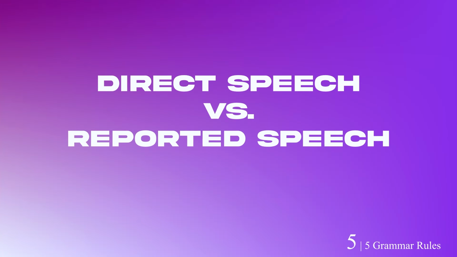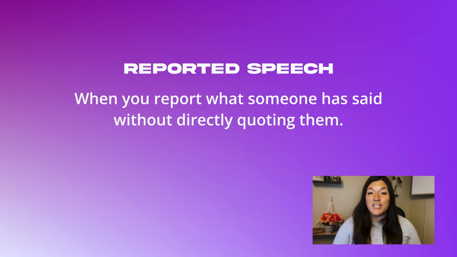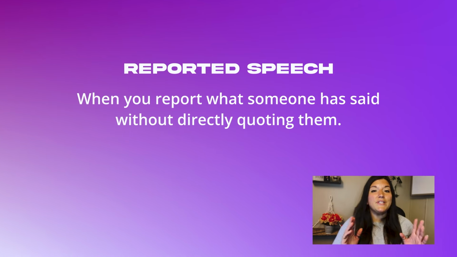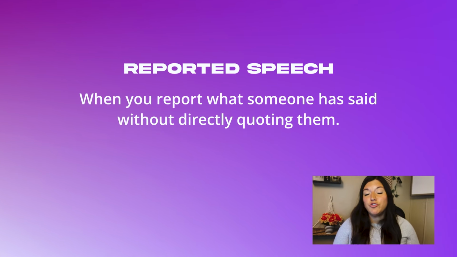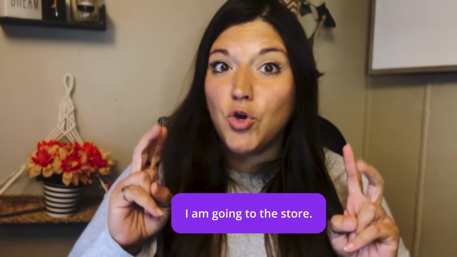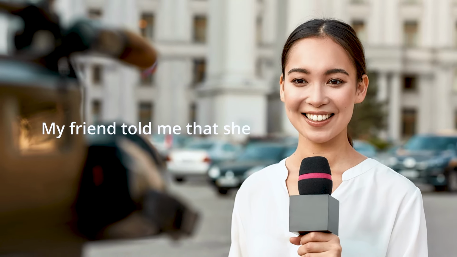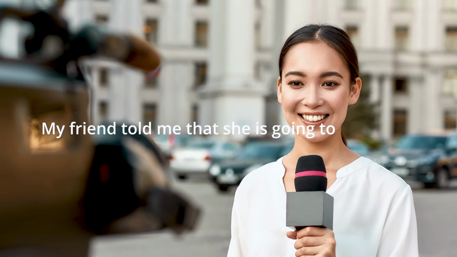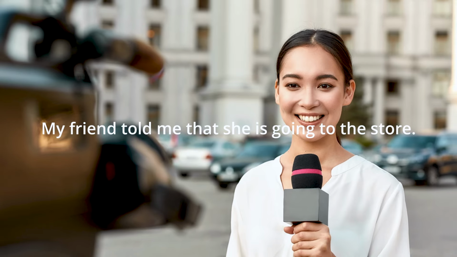This brings me to the 5th and final tip of the day, direct speech versus reported speech. Reported speech is when you report what someone has said without directly quoting them. For example, if your friend told you, I am going to the store, you would say, my friend told me that she is going to the store.